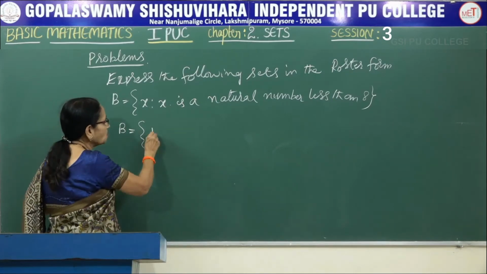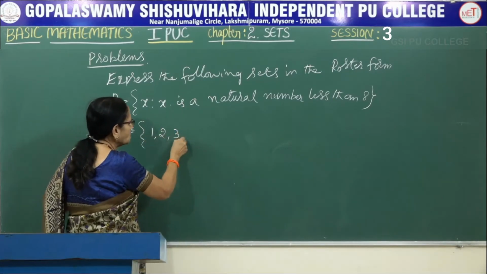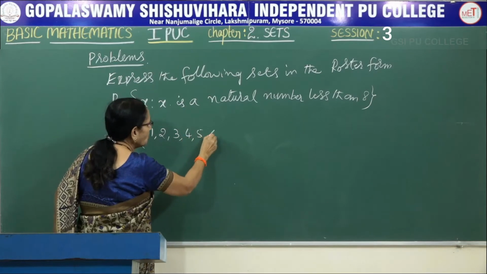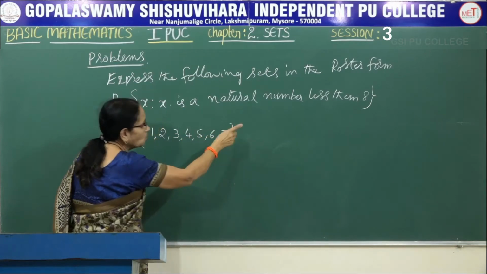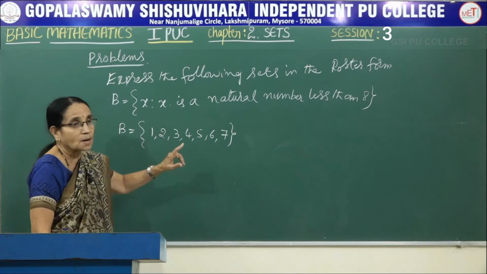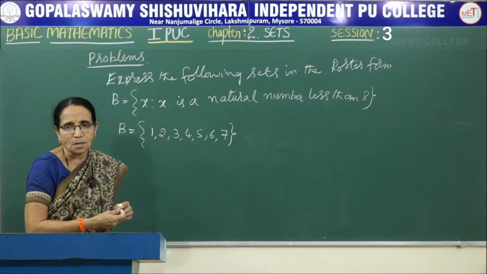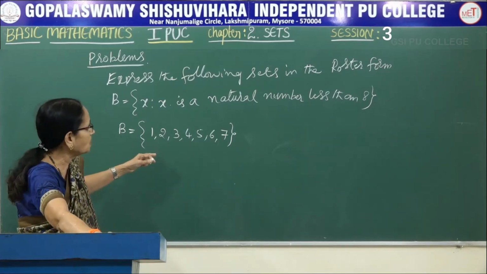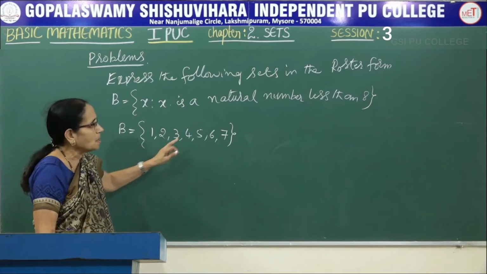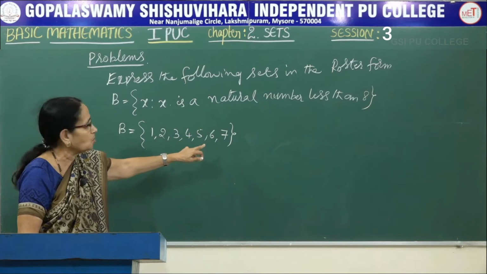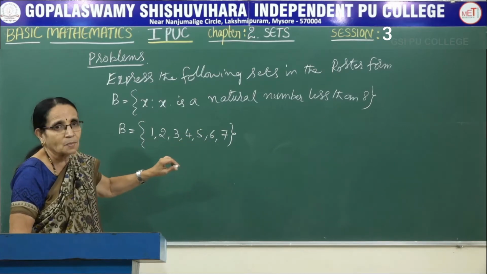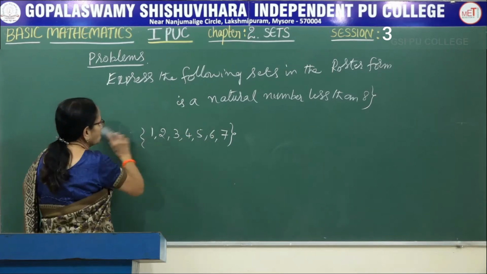Start with 1, 2, 3, 4, 5, 6 and 7. Don't consider 8 here, because it is strictly less than. So these are the 7 elements which belong to this set. A natural number means it starts with 1, and less than 8 means up to 7 you have to write.